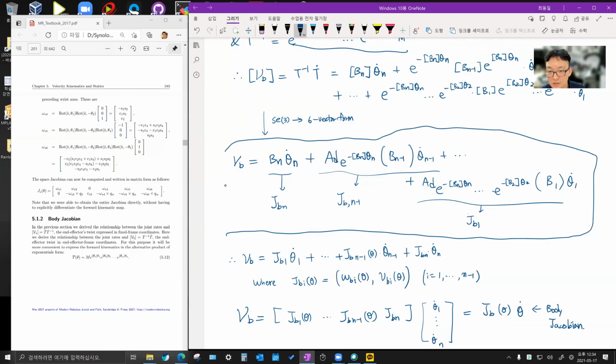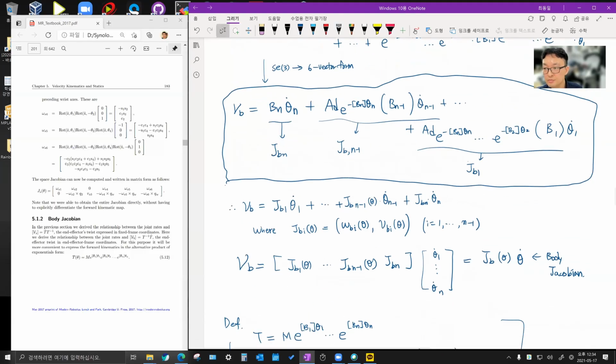The body twist can be calculated using this kind of calculation. In here, we have the simplest format on the nth axis and the most complex format on the first axis, because we are thinking about the Jacobian based on the body end effector.